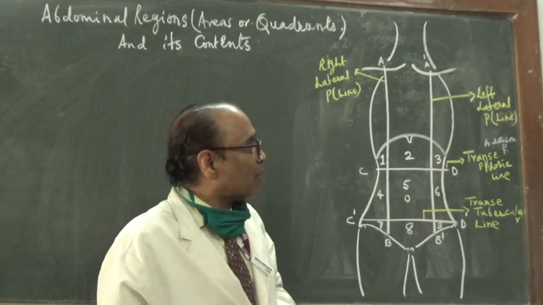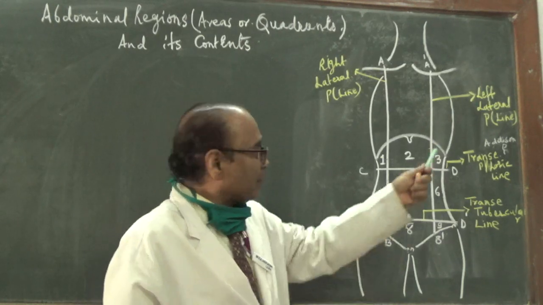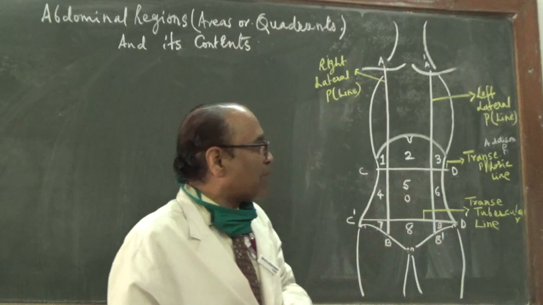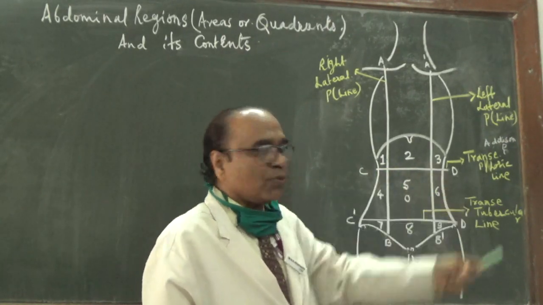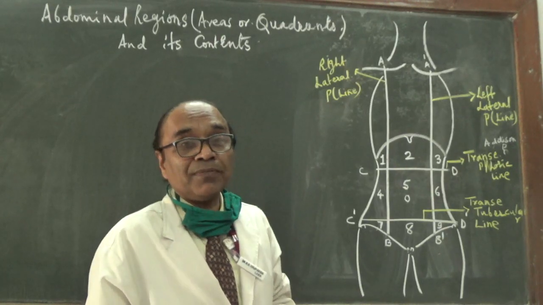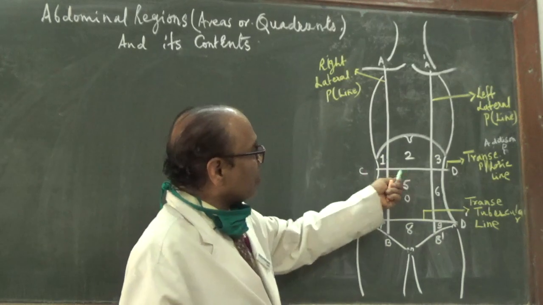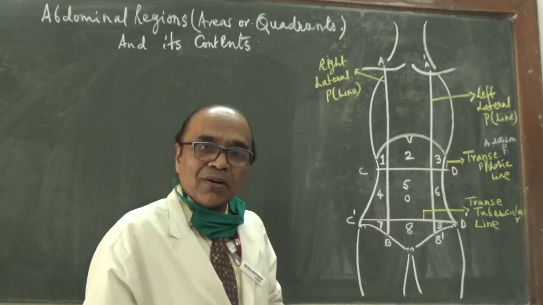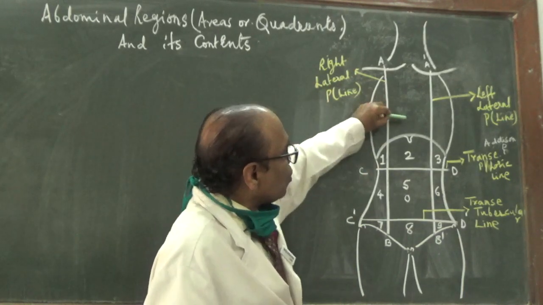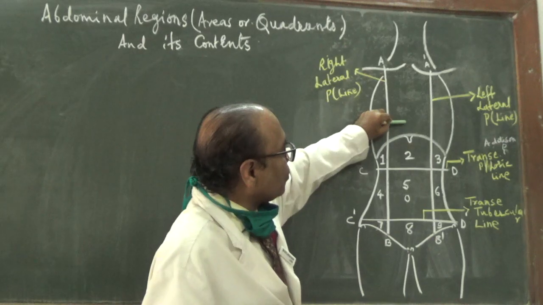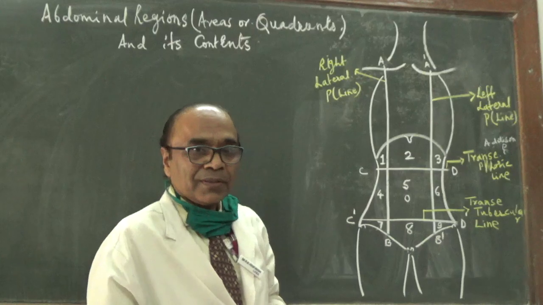This plane is also called the plane of adhesions. It is called the transpyloric plane because this line passes through the pyloric part of the stomach. Hence the name. This transpyloric line or plane is present midway between the lower border of the body of the sternum and the umbilicus.